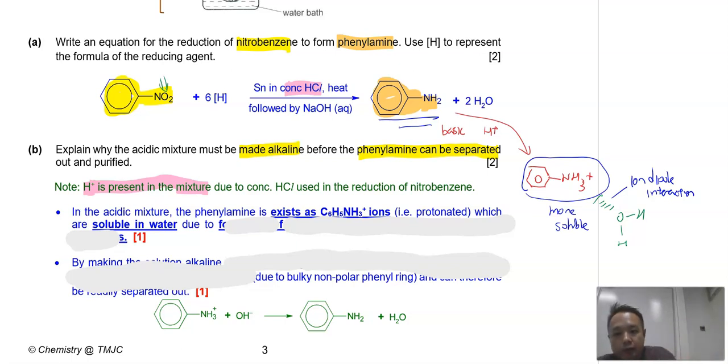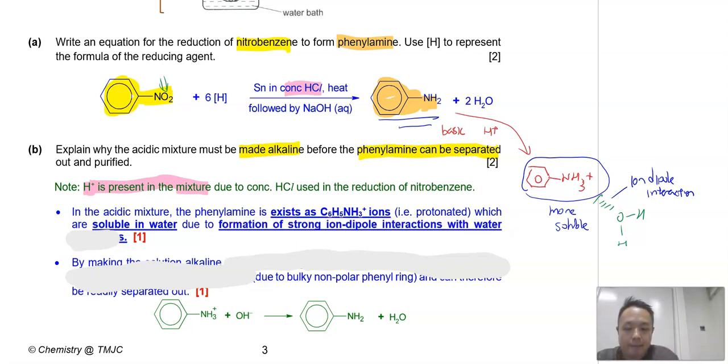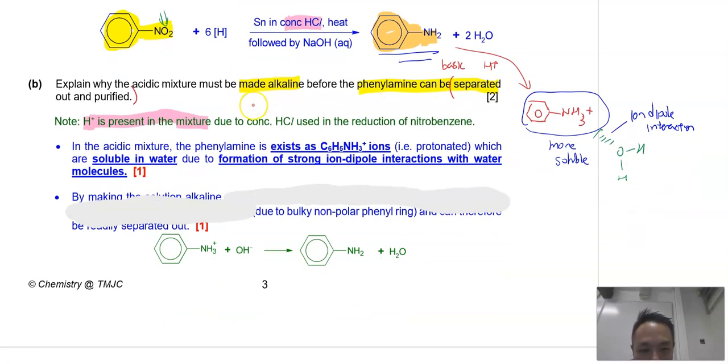Okay, so your ion-dipole interaction will cause your phenylamine, the protonated form, to be very soluble. Okay, so the only way to convert it to something that can be separated out is, of course, to make it less soluble. So how do I make it less soluble? When I add OH minus, the OH minus will then react with the H plus to form H2O, and then you get your phenylamine.